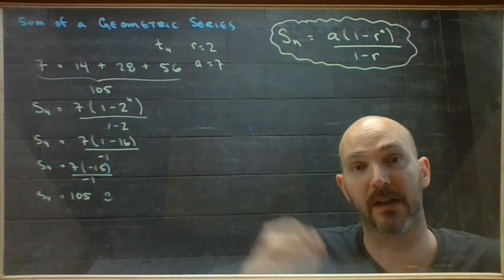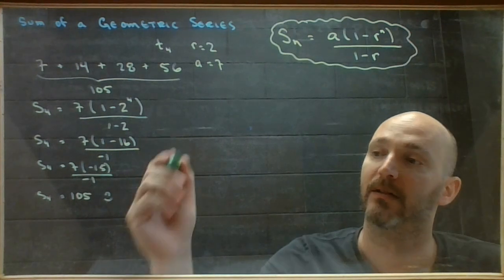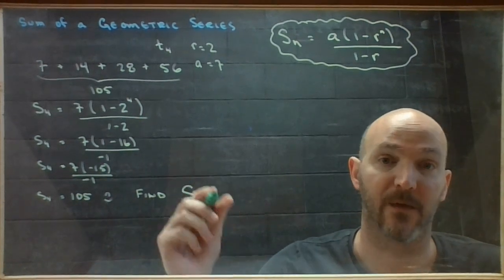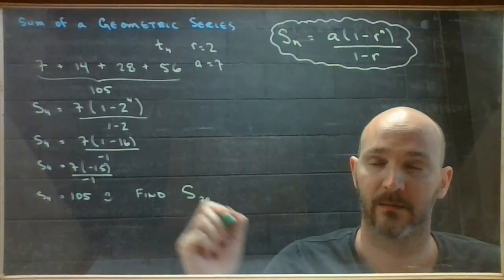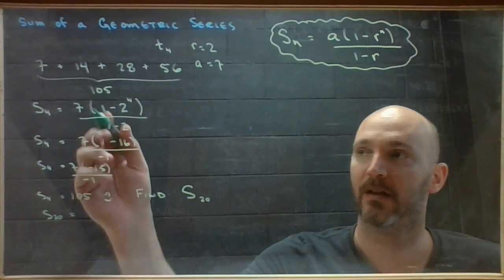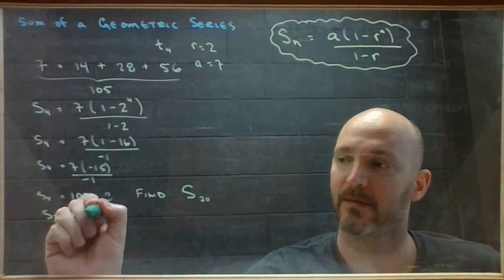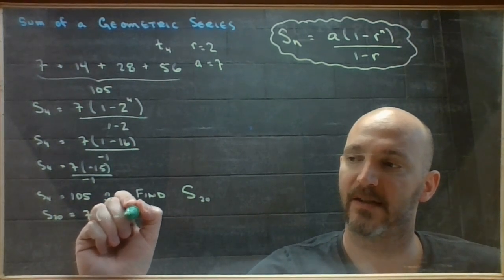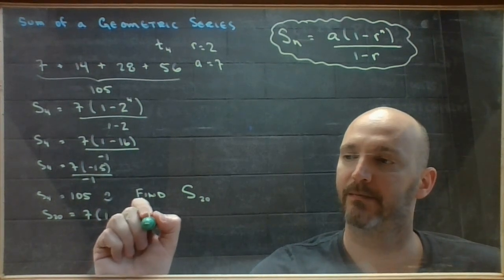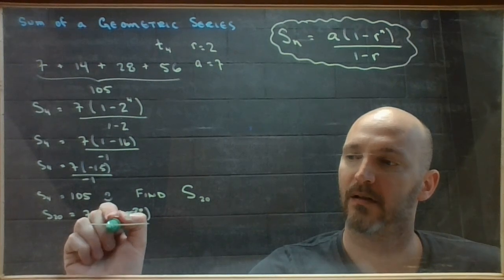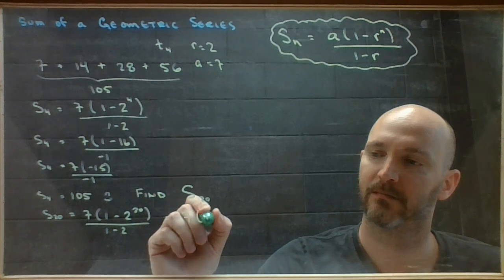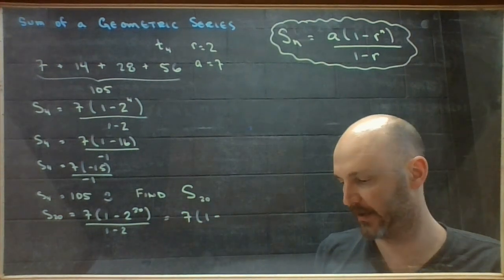So if I wanted to continue the sequence, find the sum of the first 20 terms. Well, the sum of 20 would be, it's still a, that's 7. It's still doubling. Now I have 20 terms instead of only 4. Divided by 1 minus r. So I need 2 to the exponent 20.